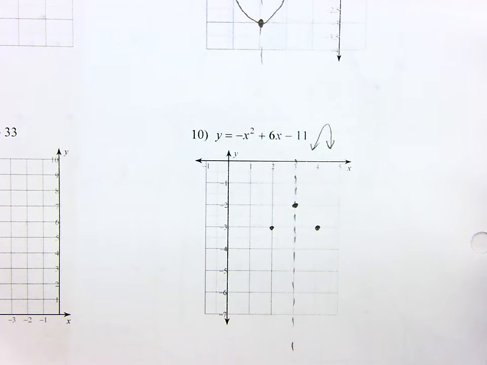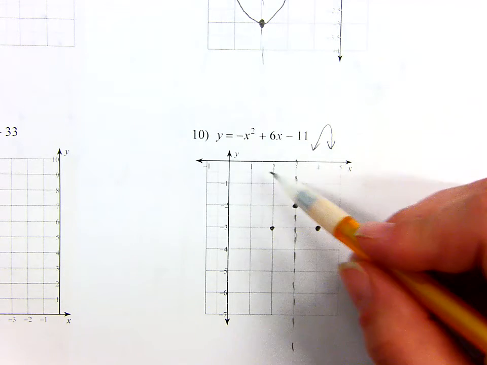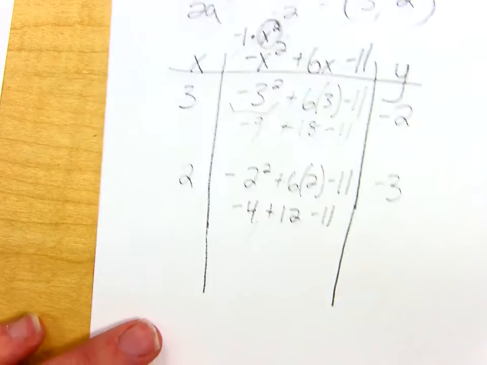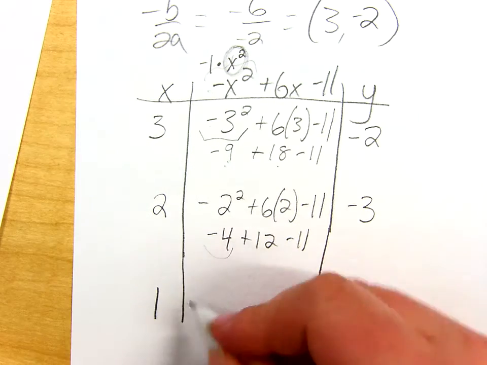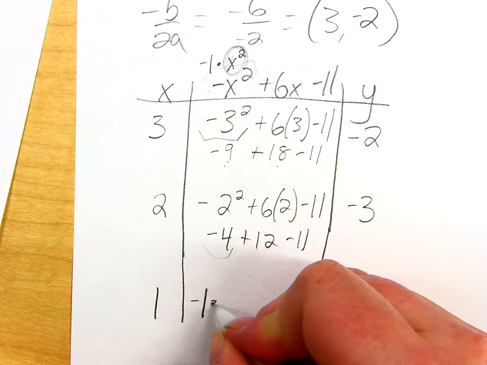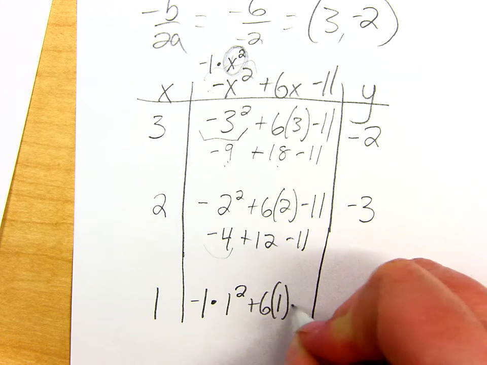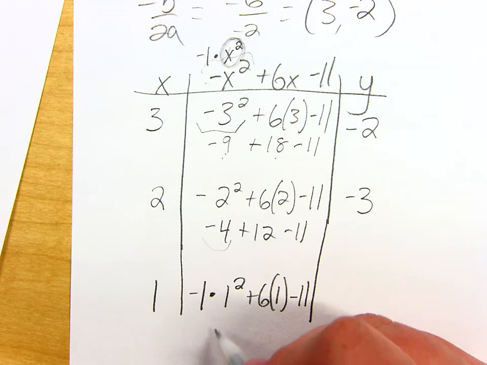What are your next 2 options for numbers to plug in? 1 or 5. It's up to you. I'd plug in 1 because it's easy, but you do what you want. If I plug in a 1, maybe if it helps you to write it as negative 1 times 1 squared, go ahead. Write it that way if that helps you. Just make sure you evaluate correctly.